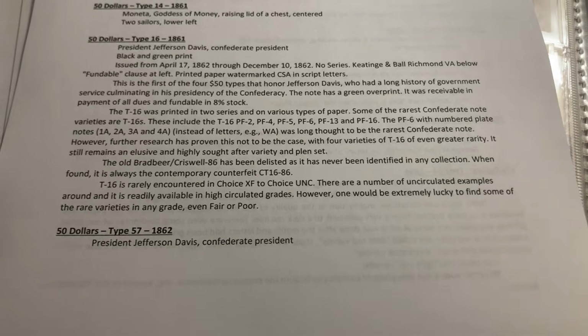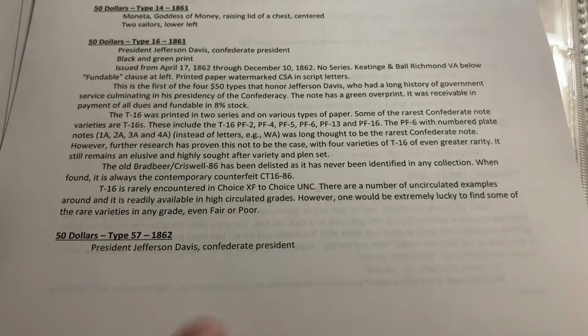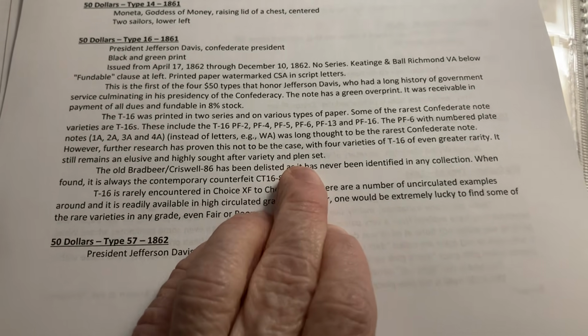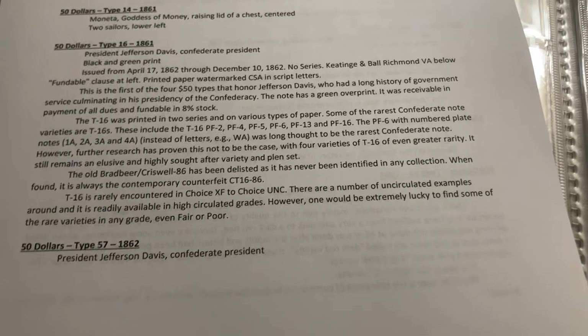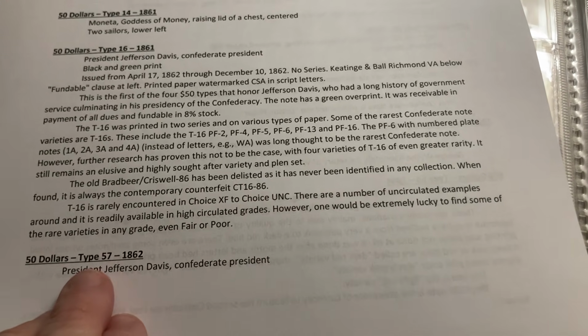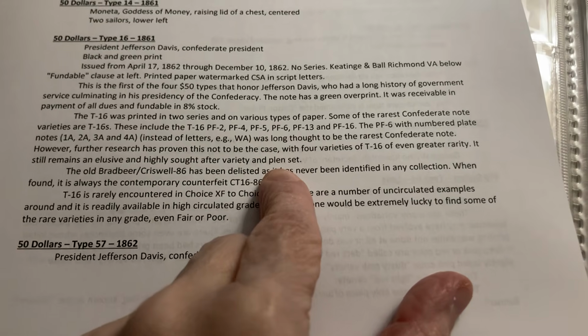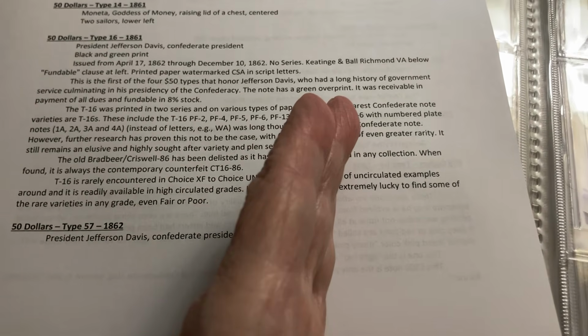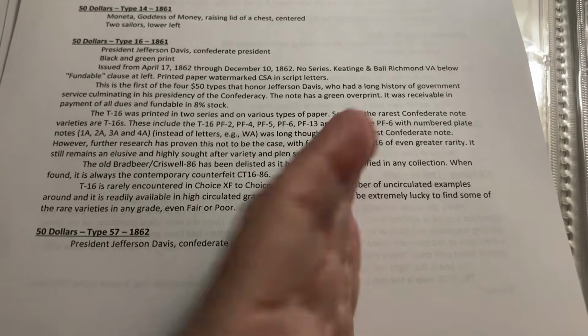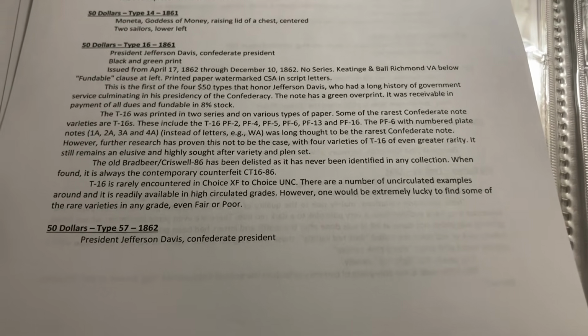I'm sure there are in the United States, but that's an extremely difficult thing, in my opinion, to do. Each type has its own plen set. I mean, goodness gracious, that's a major set.